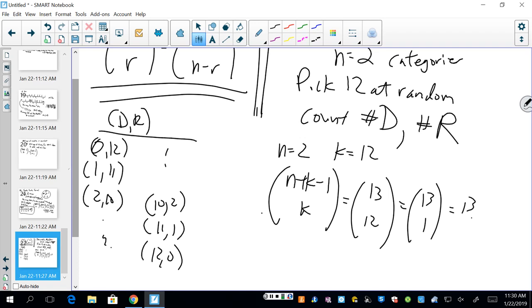And how many of these different possibilities are there? 13. There's 13 ways that this can happen. And so that Bose-Einstein is counting those ways. So that would seem to work.